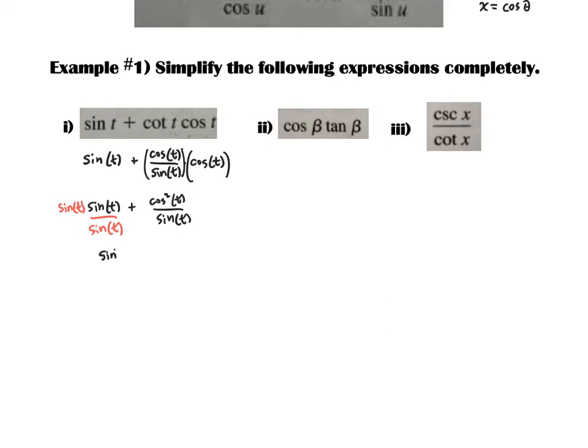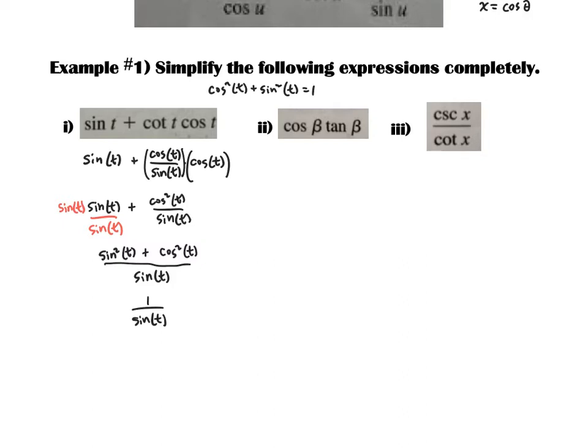So I will get sine squared t plus cosine squared t, and now I can combine these to be one term over sine t. Notice how the denominators are the same, so I can combine it to be one term. Okay, now I have, in this case, gotten a little ahead of myself, and you're going to see on the next slide what's called the Pythagorean identity, but the numerator here is equal to 1, and I won't explain yet, but a staple identity that you'll have to be aware of is that cosine squared plus sine squared, or the other way around, will be equal to 1.